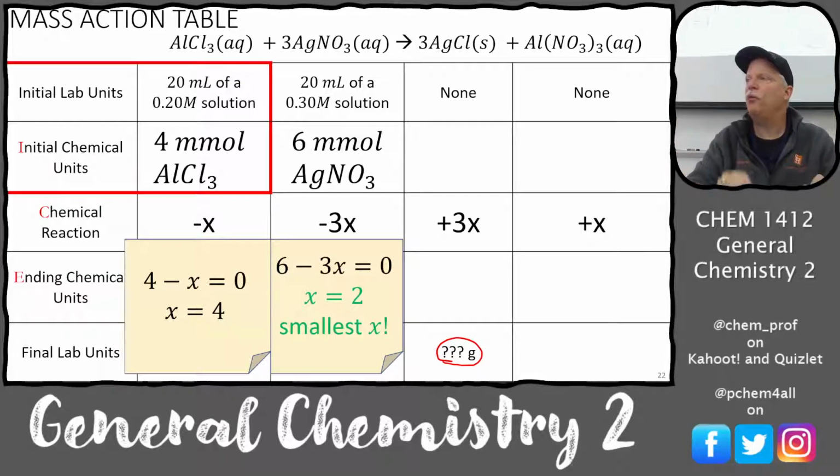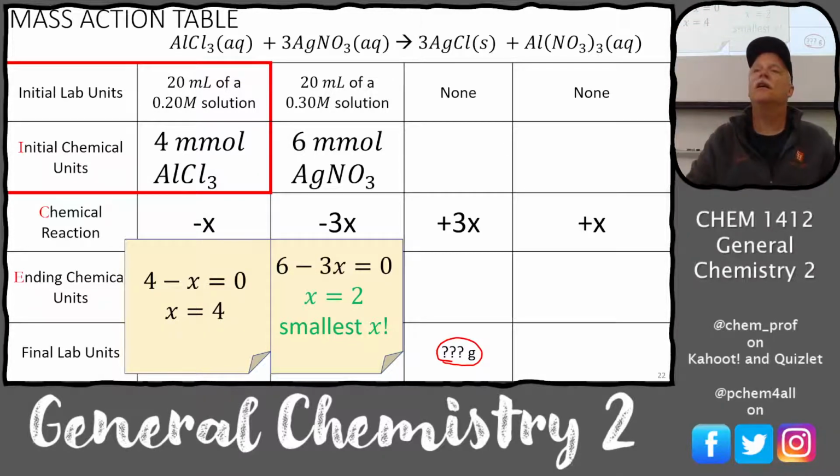So if we make X 0.1, we could put 0.1 in there and we could see how everything is lost a certain amount and a little bit is grown over here, and then X goes to 0.2 and more is lost on the reactant side and more is appearing on the product side. And that's what's happening with kinetics. As time goes on, X is growing. And when it hits 2, we're out of something and the reaction stops.